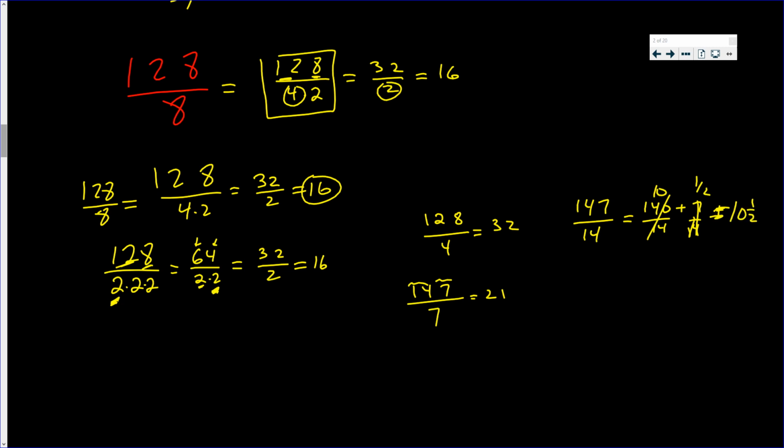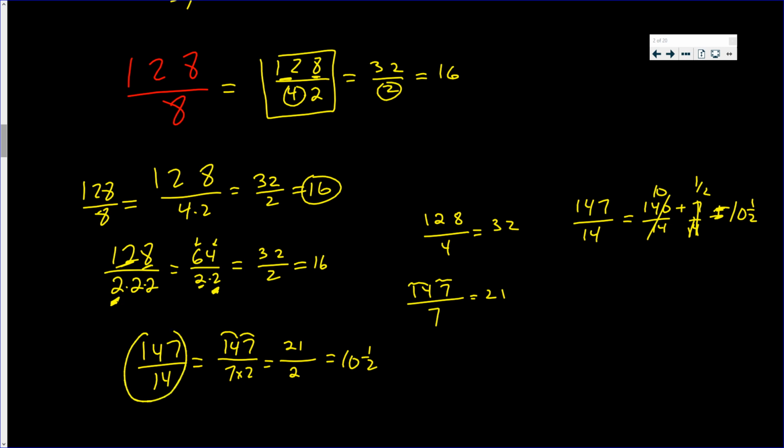But what am I getting at? 147 divided by 14, you can think of the 14 as 7 times 2, because those are multiples of 7. 7 goes in there 21 times. Divided by 2, you get 10 and a half. So I can do that division in my head using this method.